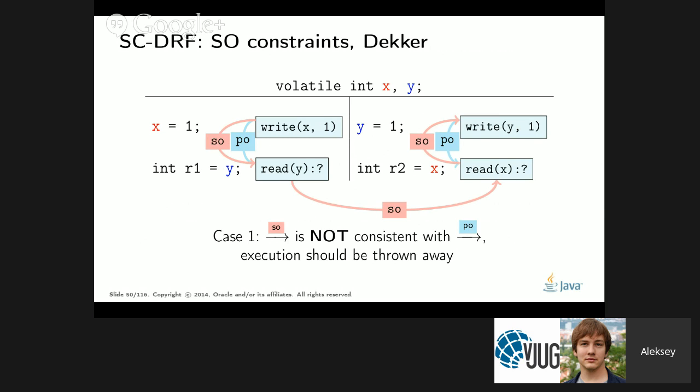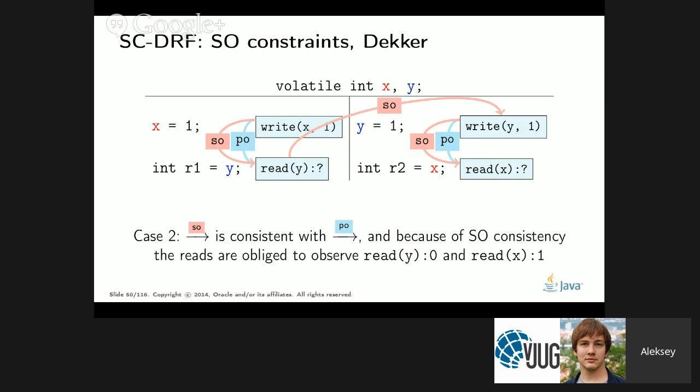Yeah, by construction you can put the synchronization order like that, but it would fail the consistency rule, which says that synchronization order should be consistent with program order. So I cannot use this execution to reason about the outcomes of the program. If I could, I would read 0 in Y and 1 in X, right? Yes. But since synchronization order and program order are inconsistent, this execution should be thrown away.